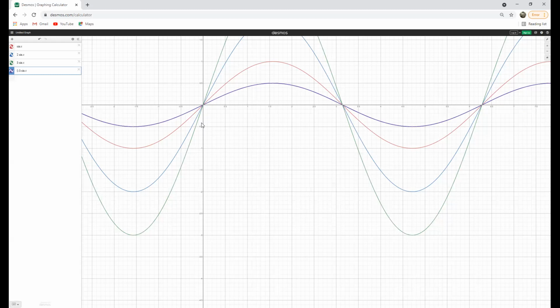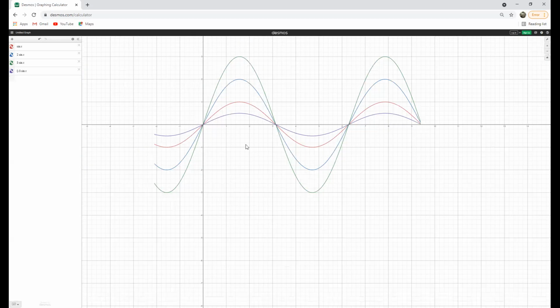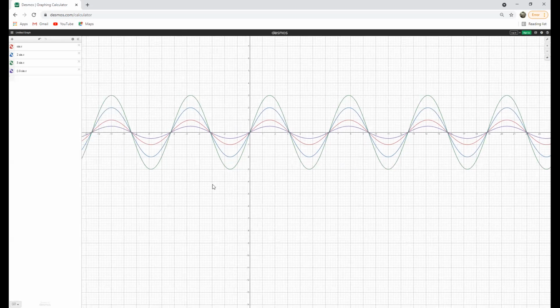The range is getting smaller. Y values are getting smaller, but the period is the same, 2 pi. Domain -infinity to +infinity. There is no change in the period. There is no change in the domain. The only change that we see is on the y-axis, or the range of the function.